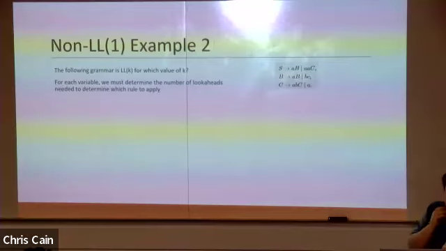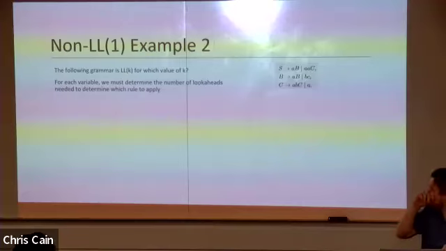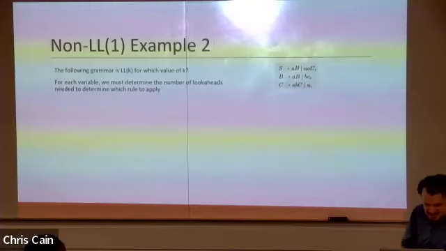First of all, which of these non-terminals is easiest to start with? What did we determine? I would argue S is going to be a little bit challenging because you look one character ahead and you can't discern, right?